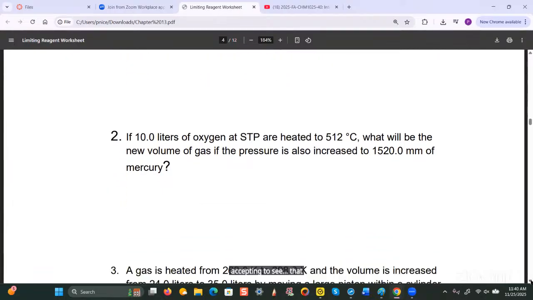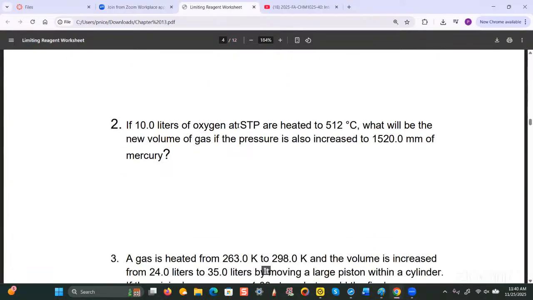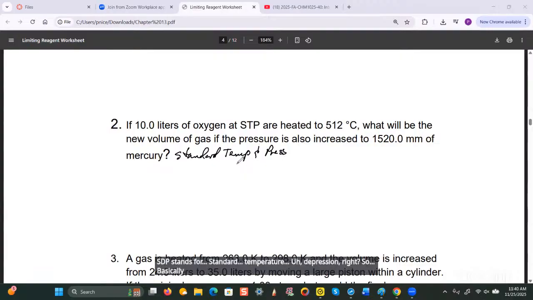it says STP here, right? Let me explain what STP means. STP stands for standard temperature and pressure, right? So basically, standard temperature is equal to 273 Kelvin, by definition.